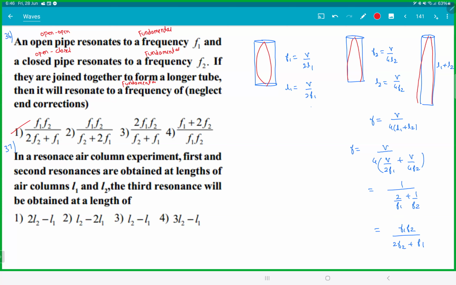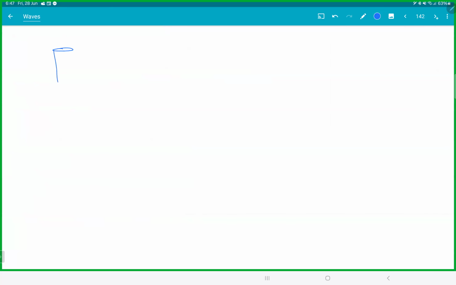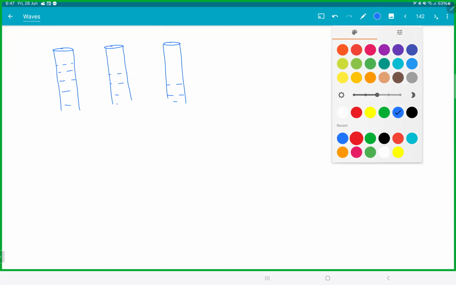Draw a small resonance column. That will be the easiest way to see. The first one is this, second one is this, third one is this.